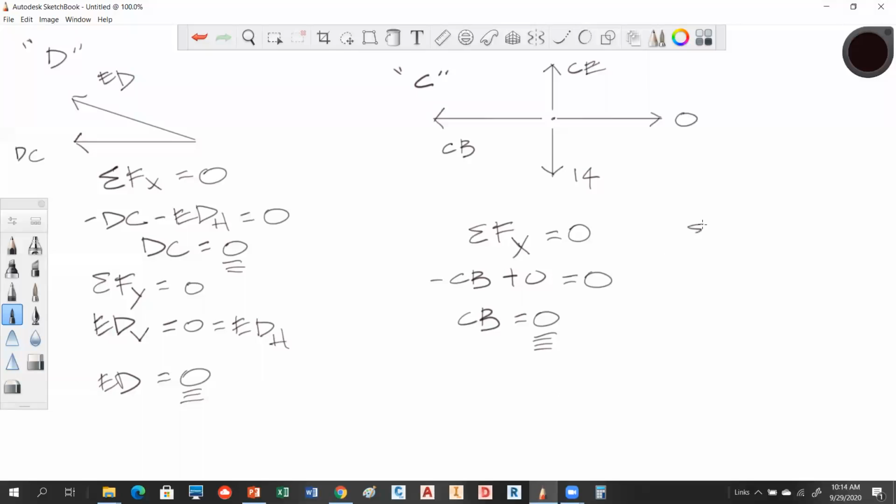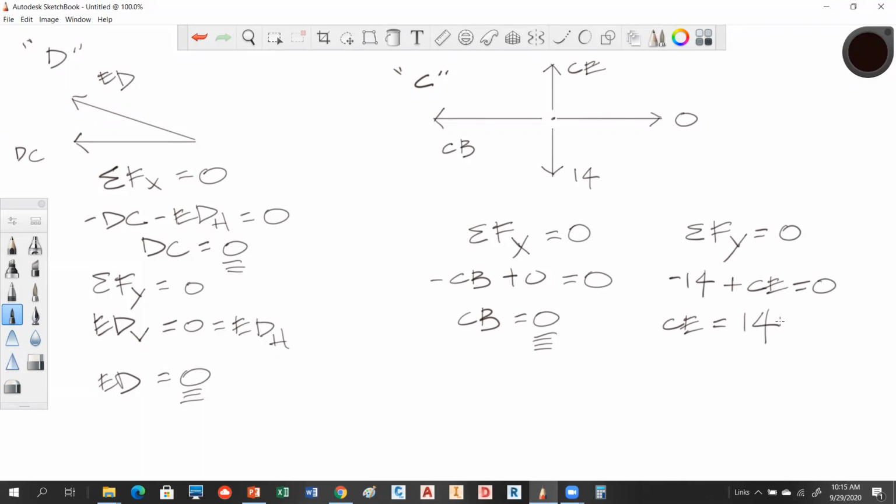All right, so sum of forces in Y has to equal 0. So we've got what? Minus 14 plus CE has to equal 0. CE, bring that over, comes over as a positive 14.